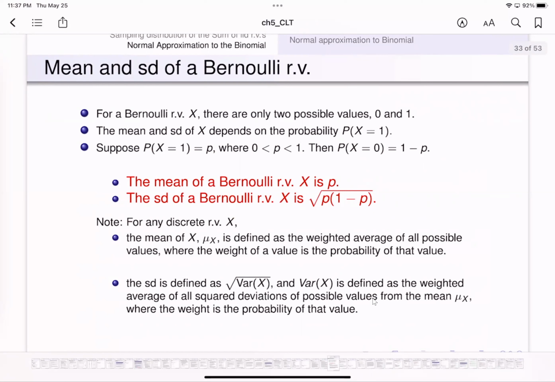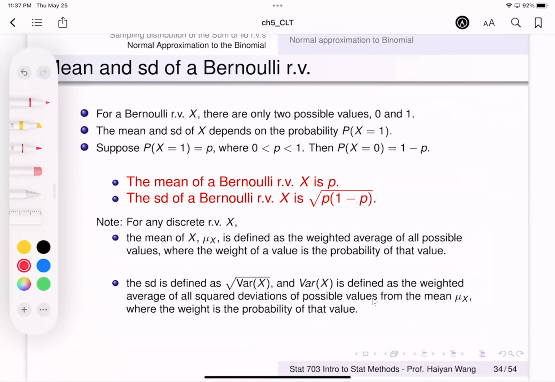Suppose the probability of 1 is given by p. This p is the proportion of 1, or call it the success probability. And the probability of 0 is 1 minus p. These are the 2 possible values, 0 and 1. The 1 has probability p, the 0 has probability 1 minus p.